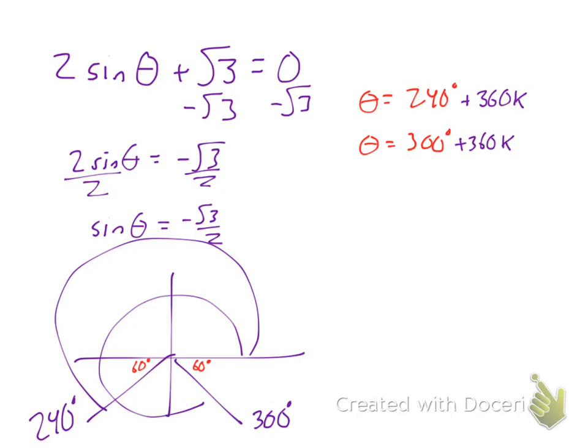If k was 2, it's 240 plus 720. 960? That's another one. If k was equal to negative 1, I subtract 360 from it, get negative 120. Are you seeing how adding that 360k now just lets me go around the circle over and over and over and over again? I could let k equal 1,000. It will be an answer. Okay?